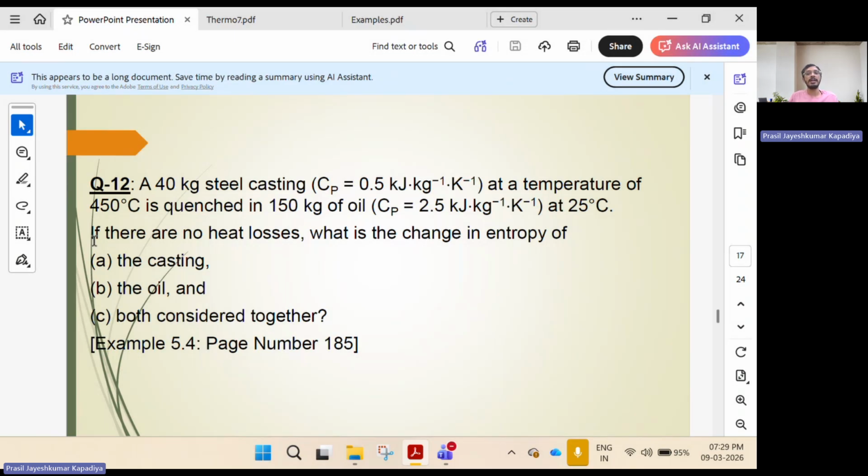So my oil is at 25 degrees Celsius and its weight is 150 kg, and my steel casting is 40 kg at 450 degrees Celsius. We are assuming that there are no heat losses. So what is the change in entropy of the steel casting, the change in entropy of the oil, and the total entropy change when we add them up?